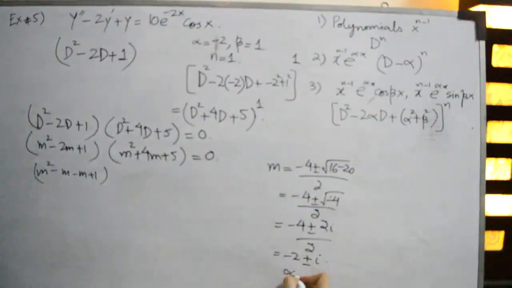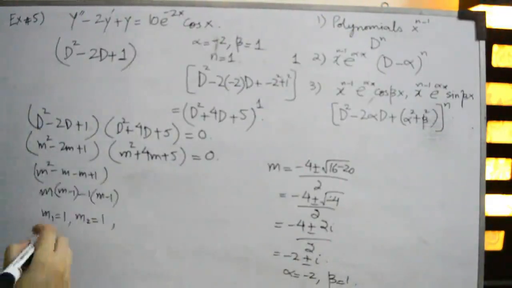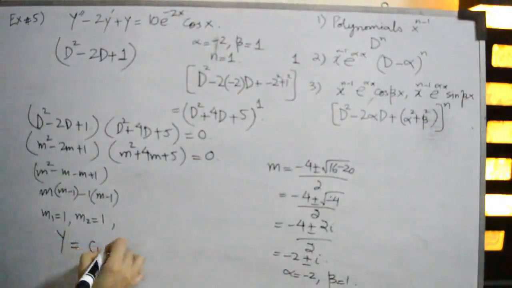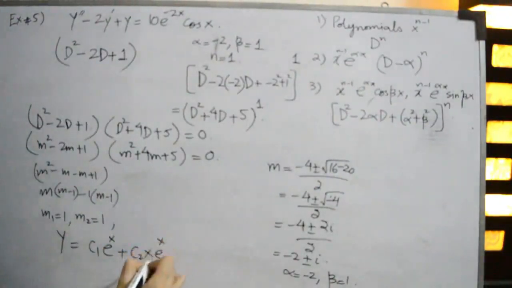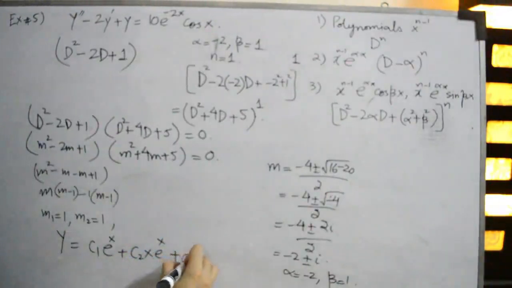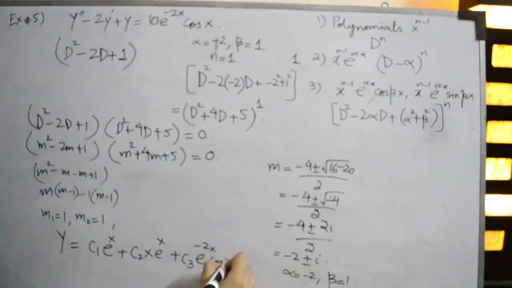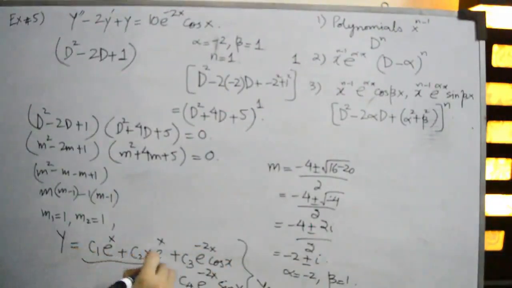So alpha is minus 2 and beta is 1. So y is equal to c1 e to the power x plus c2 x e to the power x plus c3 e to the power minus 2x cos x plus c4 e to the power minus 2x sin x. That is the complementary part and that is the particular part.